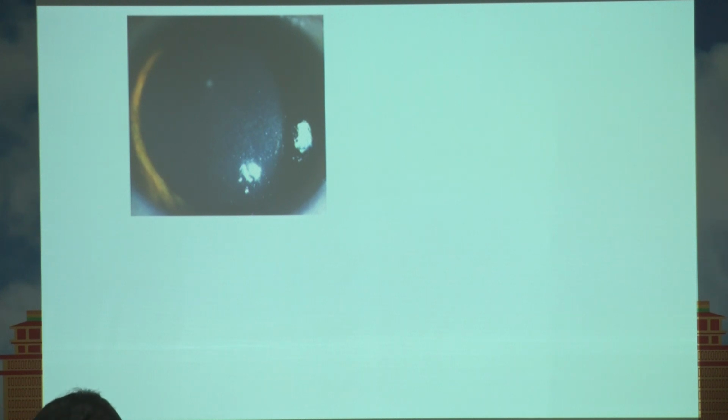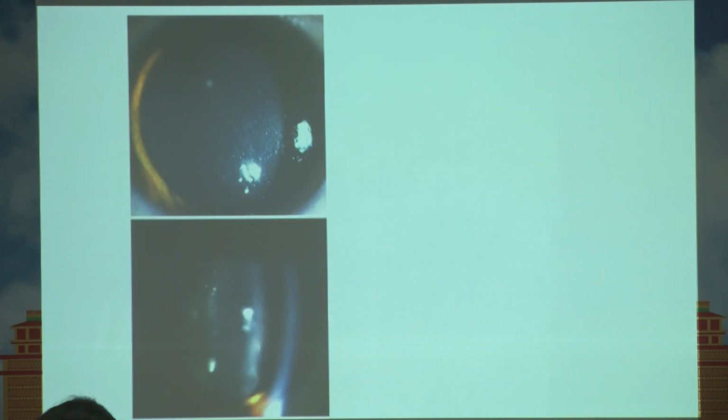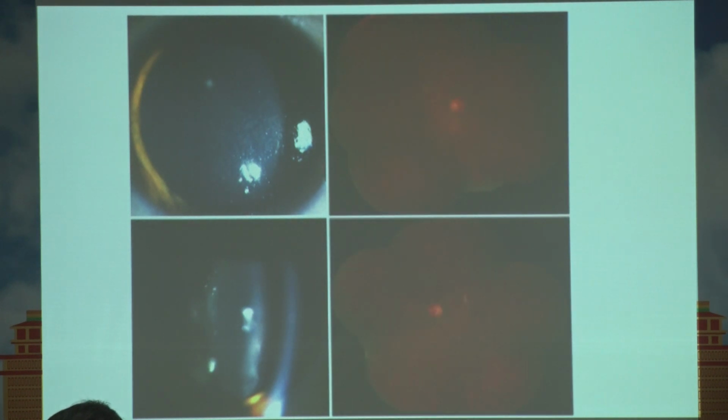Typically, if Dr. Somshila were here, she'd be able to point out those sago grain-like deposits. They were there in both corneas, with typical glass wool-like opacities in the retrolental space. The media was grade 1, but the fundus looked like very moderate NPDR.